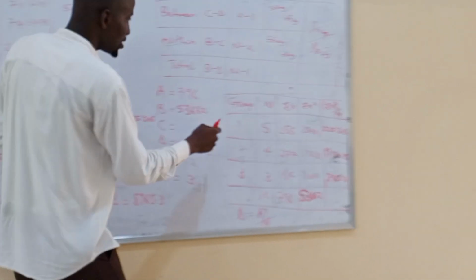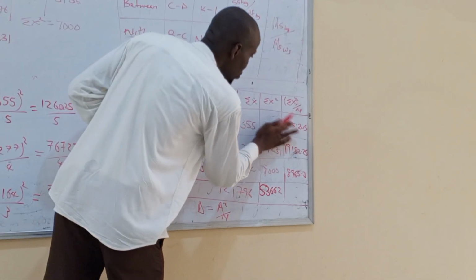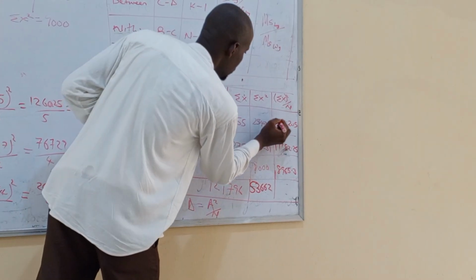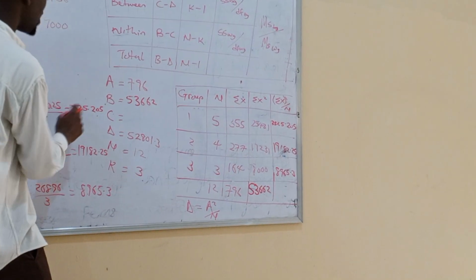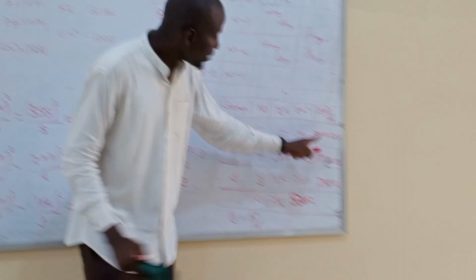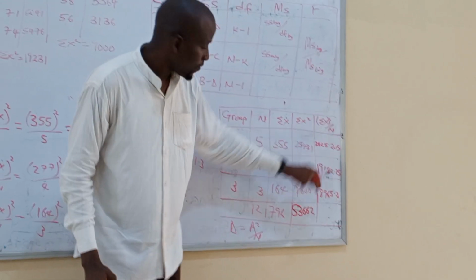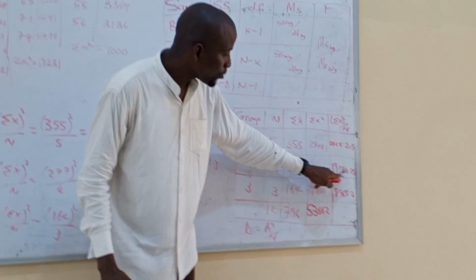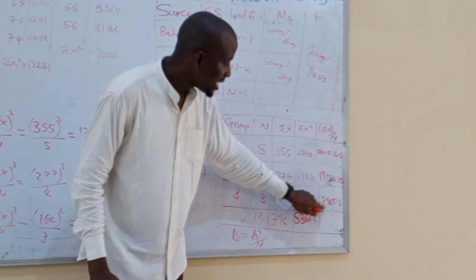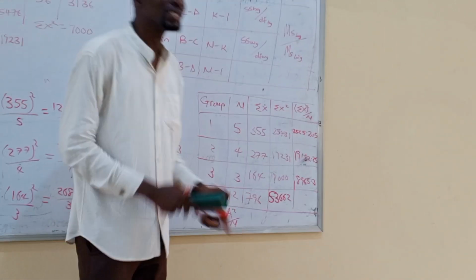So let us now replace it with 25. So it's going to be 2525.205. So let us add 2525.205 plus 19182.25 plus 8965.3.